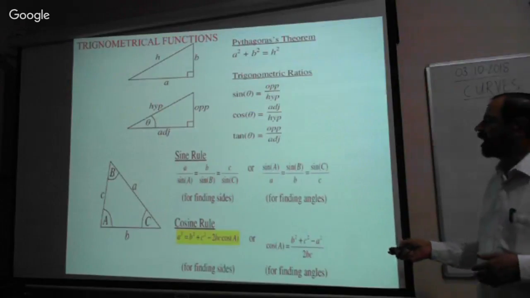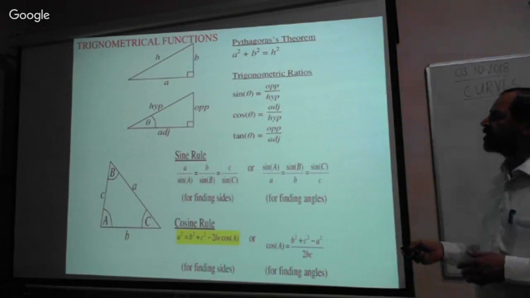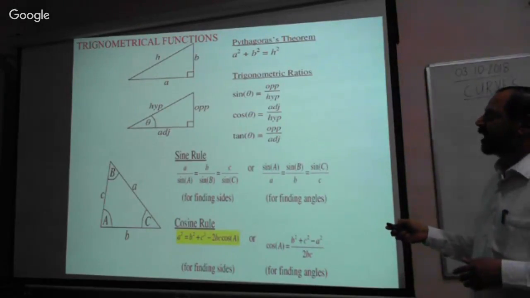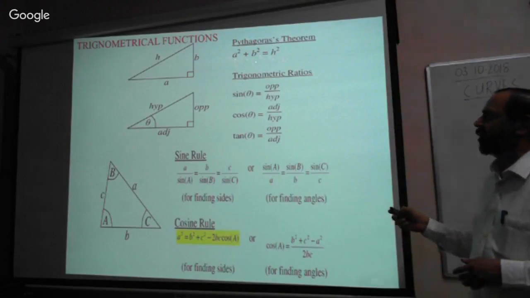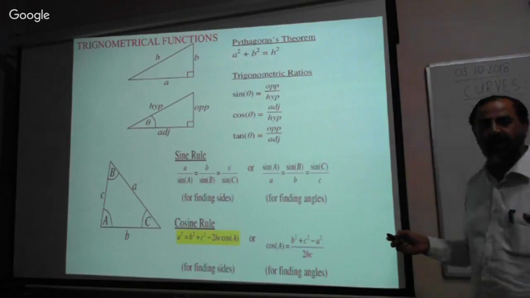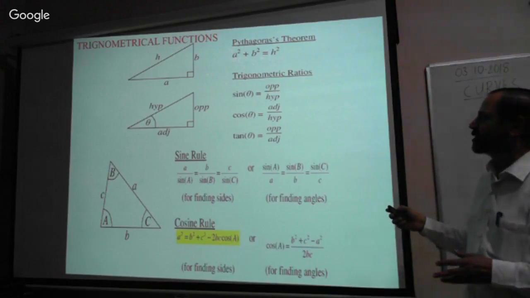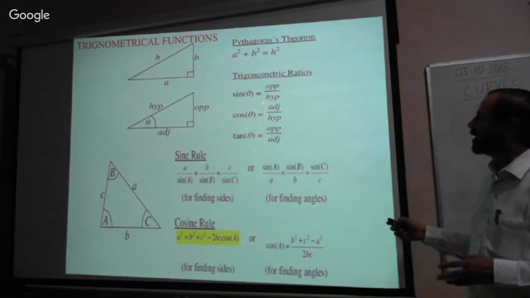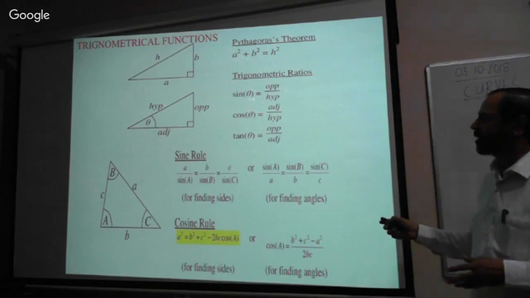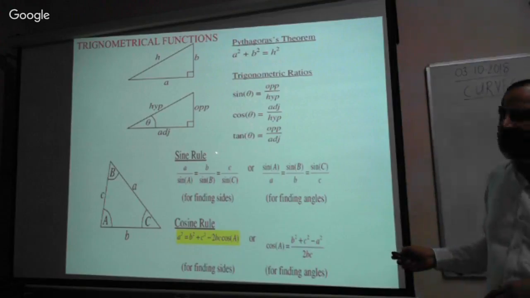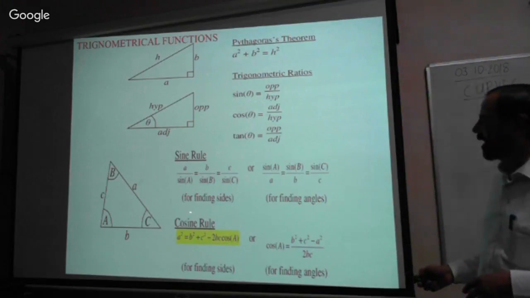Please remember, and again I suggest to our students, this is the Pythagoras theorem. We should know about it. To deal with curves, we must know the mathematics, that is, trigonometrical functions: sin theta, cos theta, tan theta, then the sine rule and cos rule.